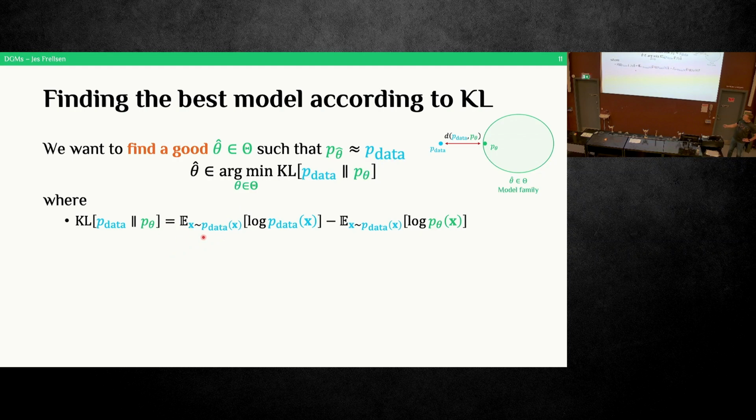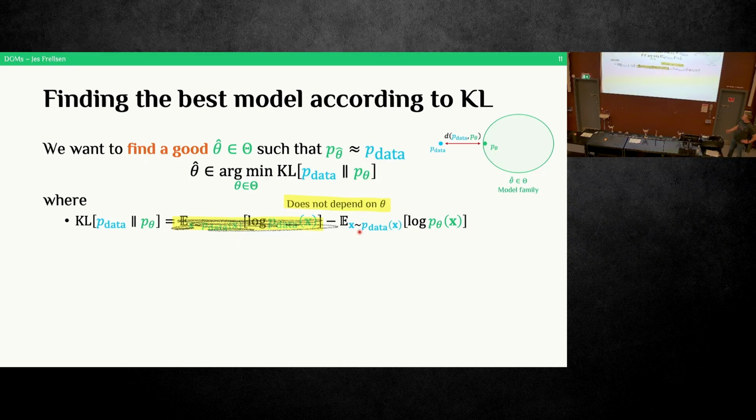Then we just write out this KL. We can write the KL as the difference between two expectations: the expectation of the log of the data generating distribution with respect to the data generating distribution, and the expectation of the log probability of our model with respect to the data generating distribution. If we want to minimize the KL with respect to the model parameter, we see this first term doesn't depend on the model parameter, so we just remove it and minimize the remaining term.